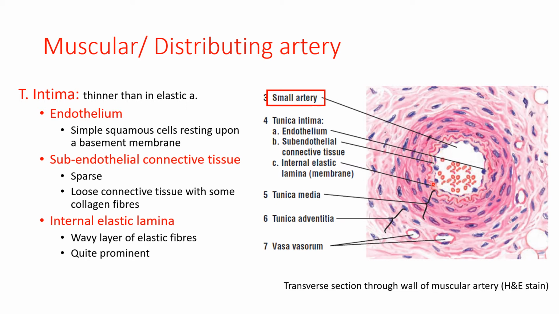Outside this layer is the internal elastic lamina that you see here, this wavy layer. Now this layer is very prominent in the muscular artery compared to the elastic arteries. This is because in the tunica media of the muscular artery, there is more smooth muscle compared to the elastic fibers. So the elastic fibers of the internal elastic lamina become very prominently visible.